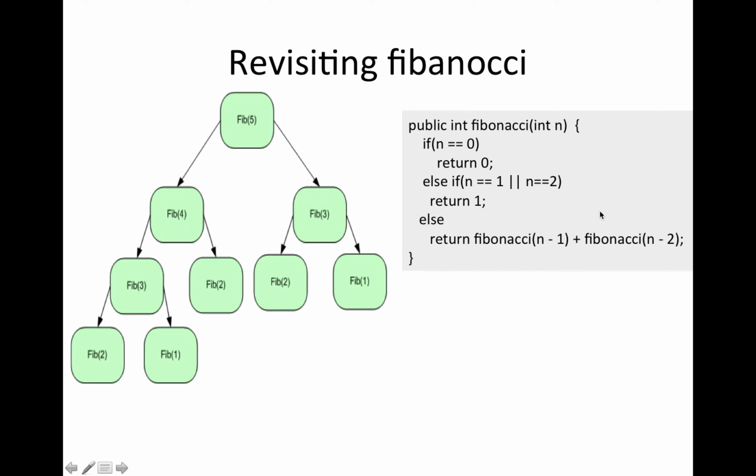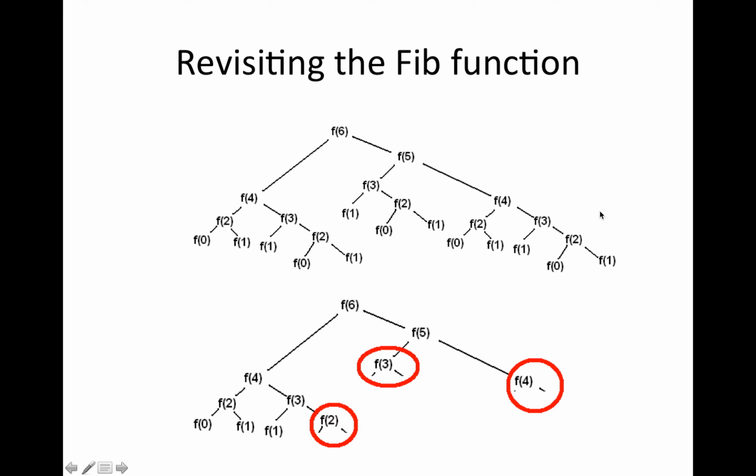So can we do better? Can we improve our complexity by not recalculating numbers that we had already calculated before? Here is the recursion tree for fib of 6. In the figure on the top is our regular fib series, where f of 6 leads to f of 4 and f of 5 and so on.